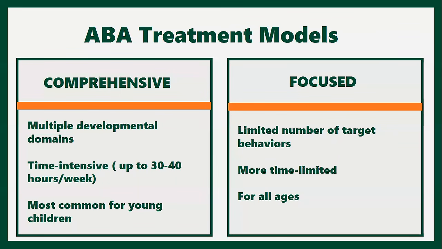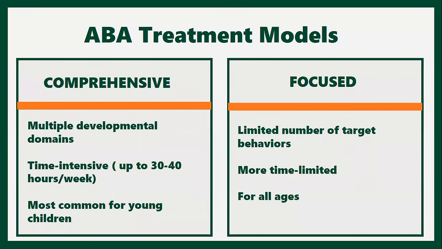We also talk about different ABA treatment models. So a comprehensive treatment model is I think what many people think of when they think of ABA and autism, that someone's getting a lot of therapy for a lot of hours.